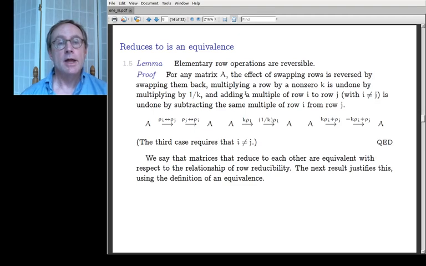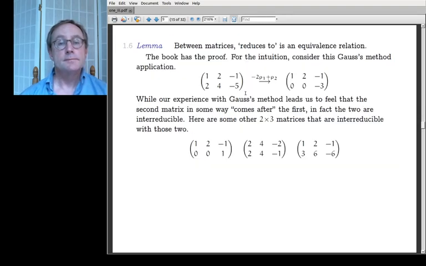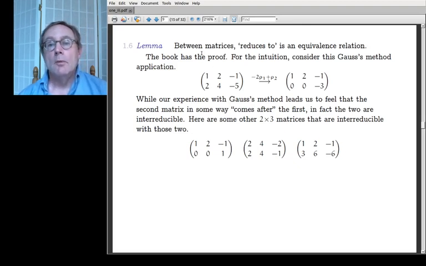In fact they're the same. They contain exactly the same information as the original matrix. So the way that you write this down formally is that the relation between matrices, reduces to via elementary row operations, is an equivalence relation.